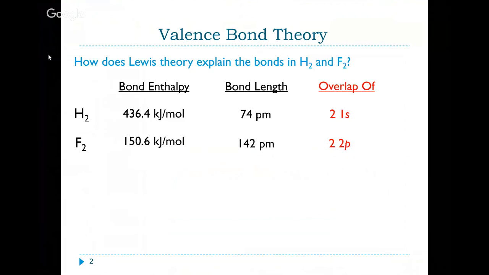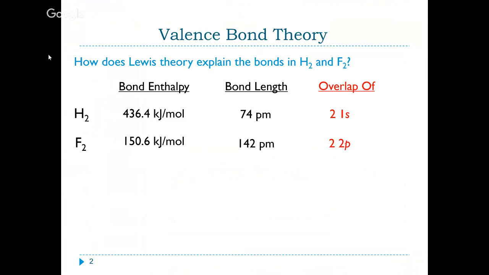Well, it depends on what types of overlap we see in their orbitals. Hydrogen only has a 1s orbital. That's where its valence electron is. So they overlap to share. If we're going to form a bond, our electrons have to be in the same space. In fluorine, however, our valence electrons sit in the 2p orbital.